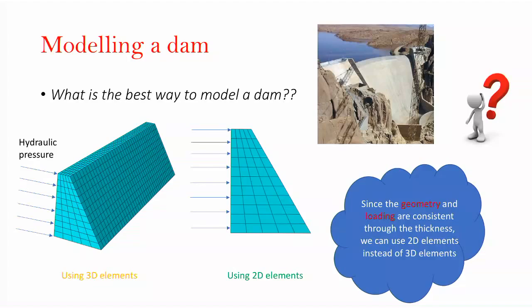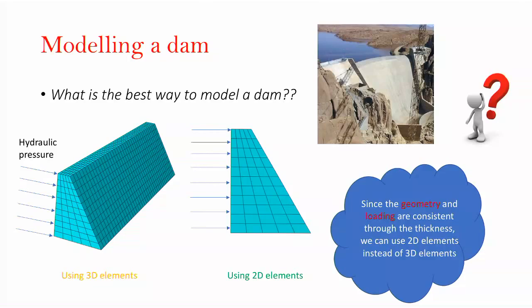So which means that instead of modeling the whole thing in 3D space, we can simply model one cross-section of the dam and apply the hydraulic pressure at the back of that 2D dam, and then do the analysis.